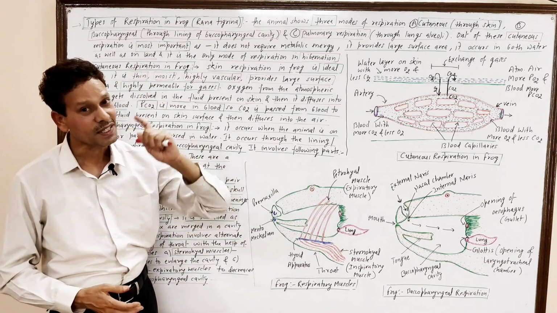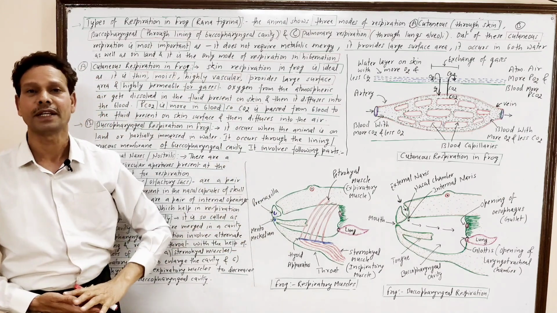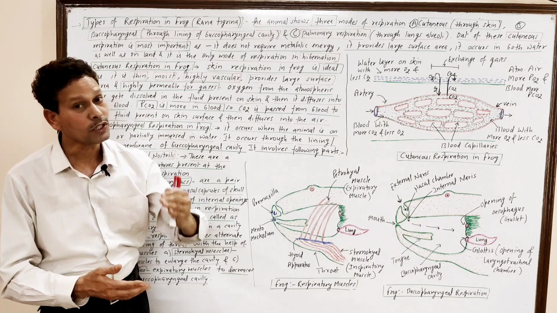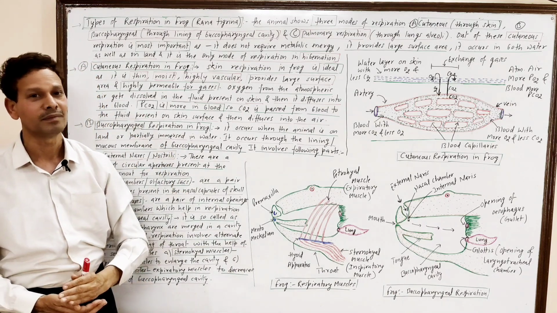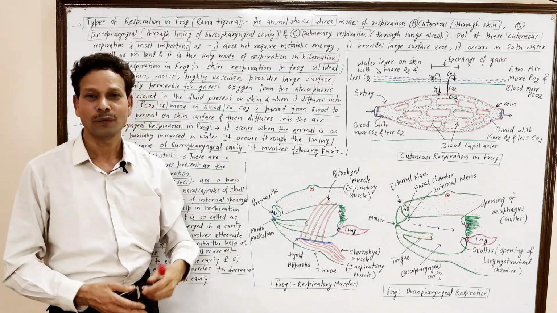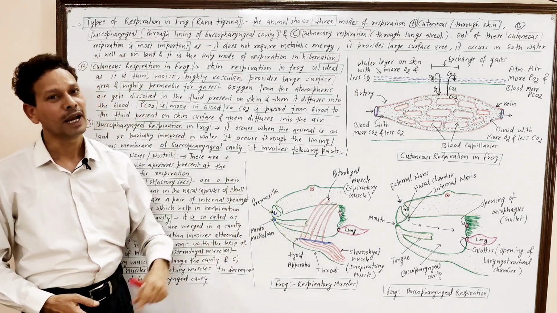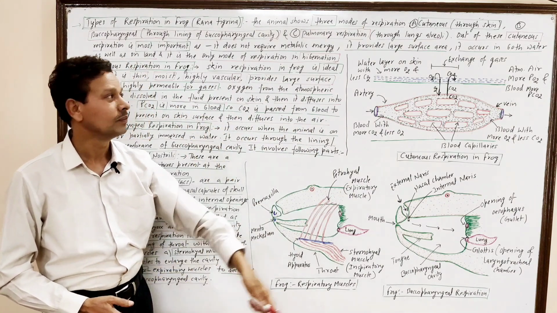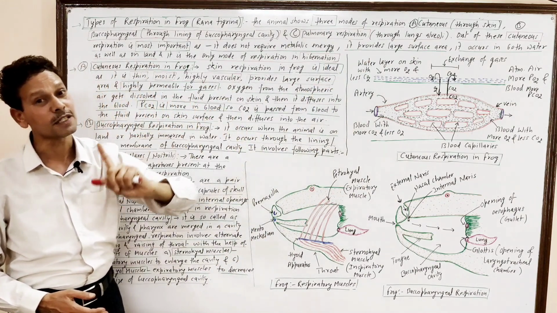And dear students, the skin provides a large surface area for gaseous exchange. That's why it is the most important mode. As well, when the frog shows winter sleep, hibernation, the only mode of respiration that occurs is cutaneous, the skin respiration.